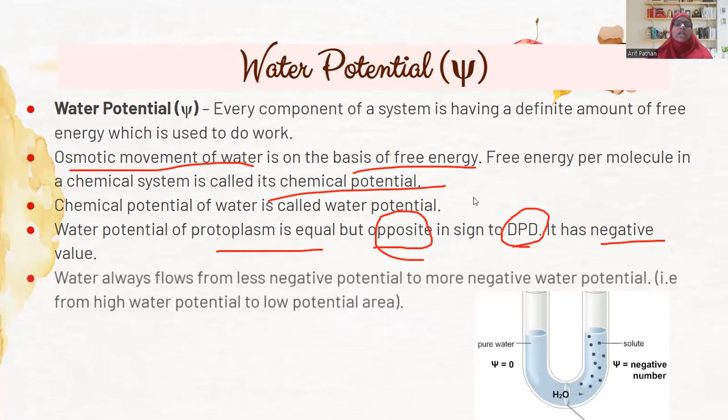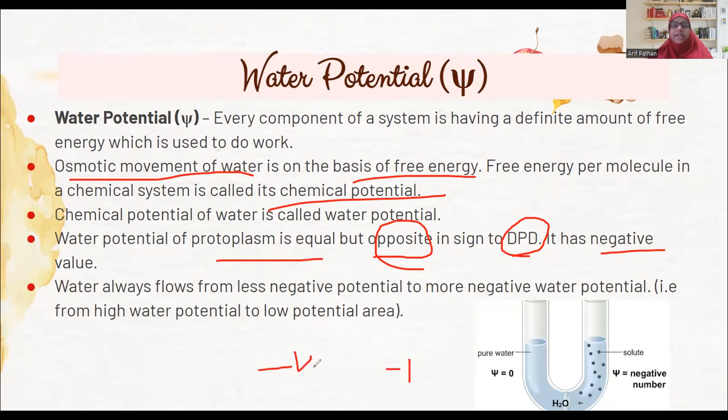Water will always flow from less negative to more negative. If we write -1 and -4 over here, which is the bigger number? On the number scale, -1 is more, so it is less negative. So the movement of water will be from less negative to more negative, in this direction.